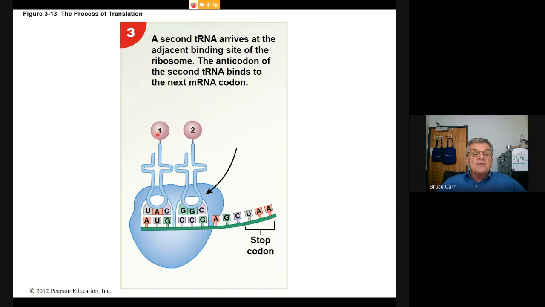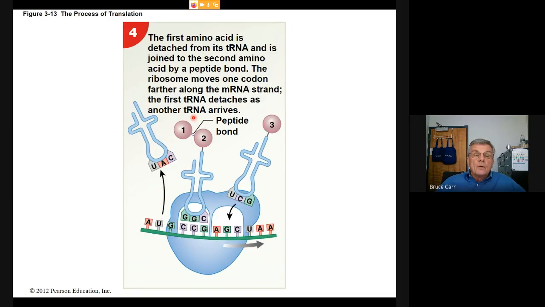So here are two amino acids sitting right next to each other. Once you get that, you're going to break the bond here and shift this amino acid over and bind it to this amino acid. Let's see. And that's what's happened here. Oh, wait a minute.